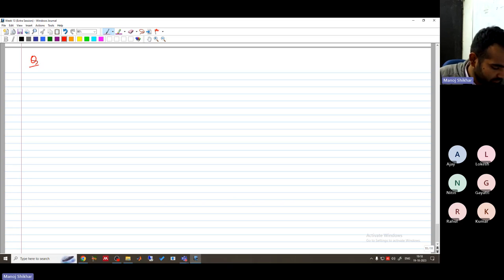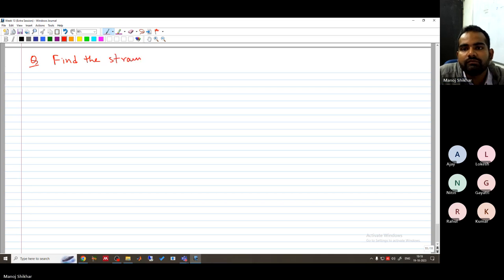So the question is, find the strain energy stored by the structure shown below.